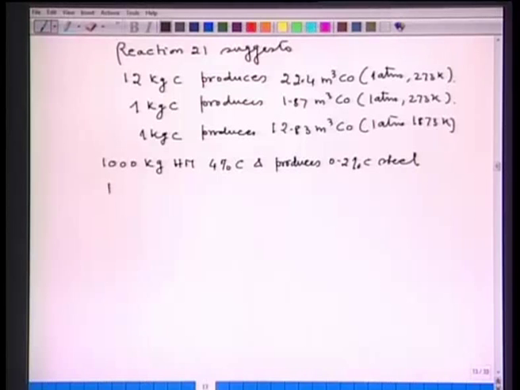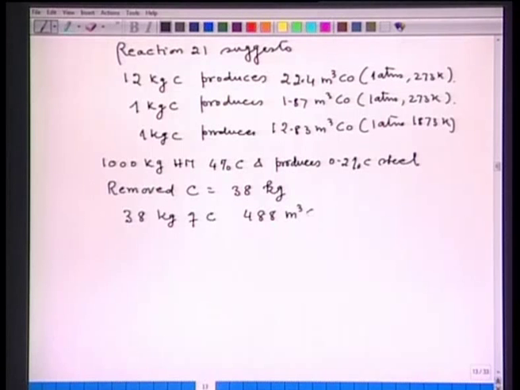Now, this 38 kg of removed carbon will produce 488 meter cube of carbon monoxide when calculated at 1 atmosphere and 1873 Kelvin.